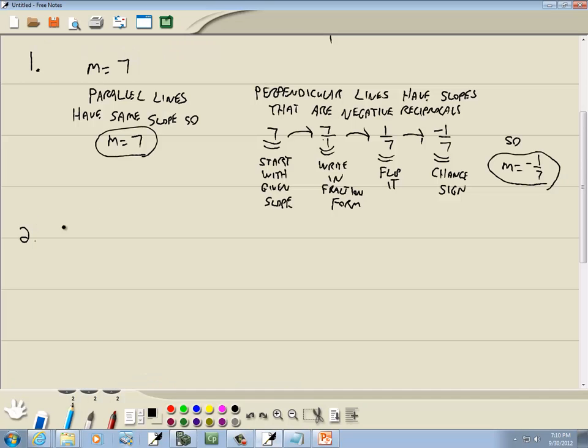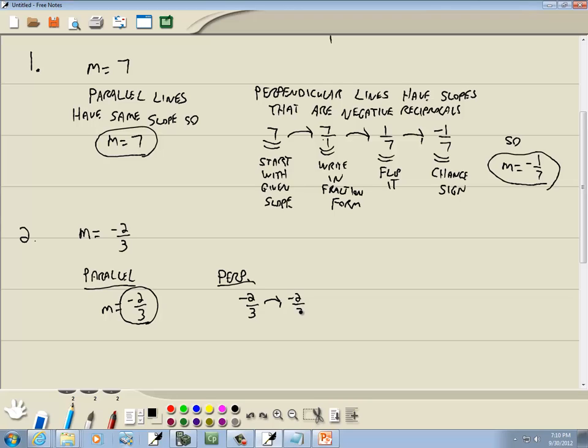Let's take a look at this one. We've got negative 2/3, and for a parallel, very easy. Parallel lines have the same slope, so this would be negative 2/3. For our perpendicular, we'll start with the slope that we're given, negative 2/3.